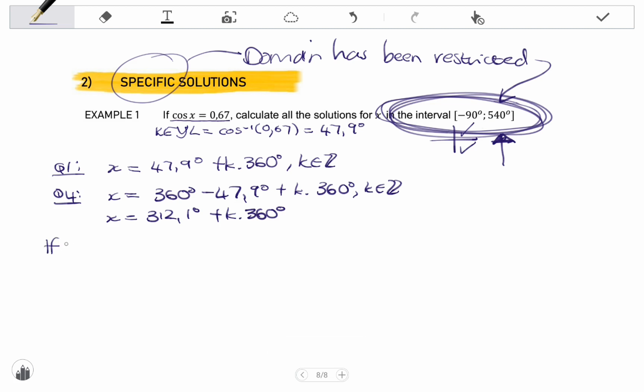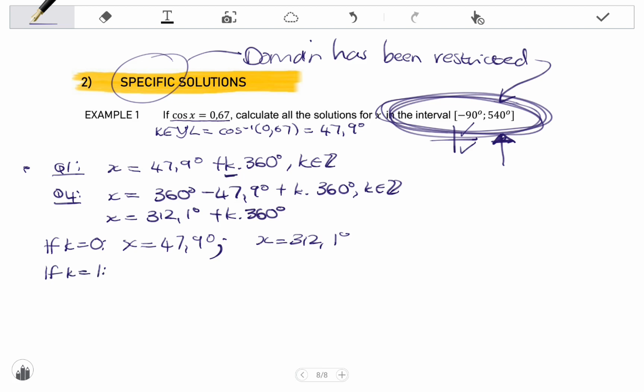So let's start. If k equals 0, in the general solution for the first quadrant, x equals 47,9 degrees. If I substitute k equals 0 into the general solution for the fourth quadrant, then x equals 312,1 degrees. What about if k equals 1?